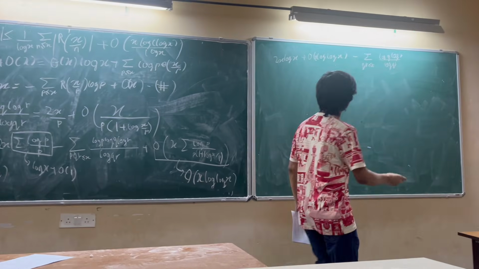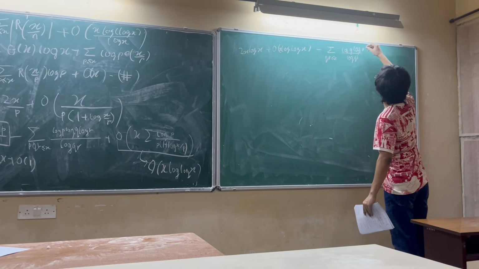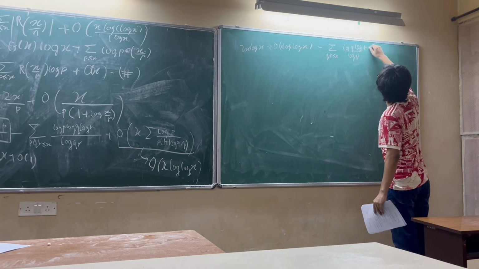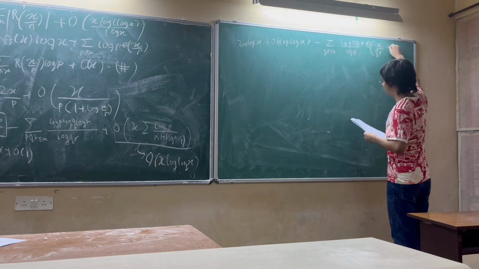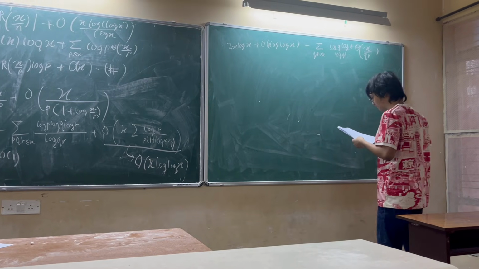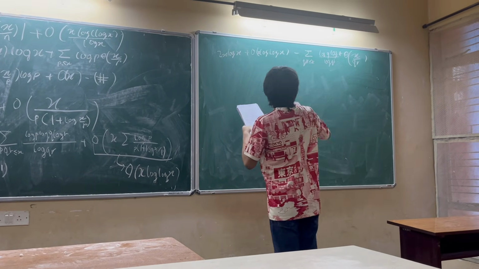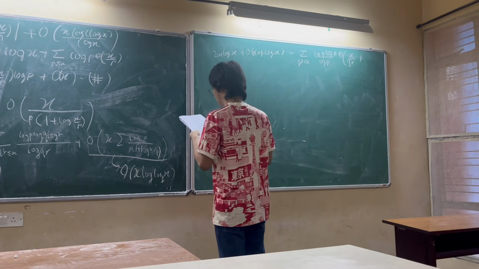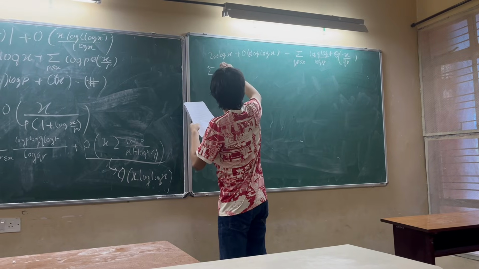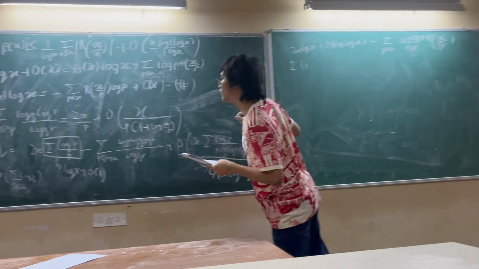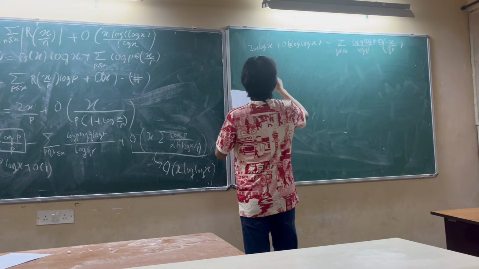So we use the same old trick again and you see that this thing becomes theta of x by qr. Now once again we will use the fact that summation of log squared p. So what did we have there? Log squared p.